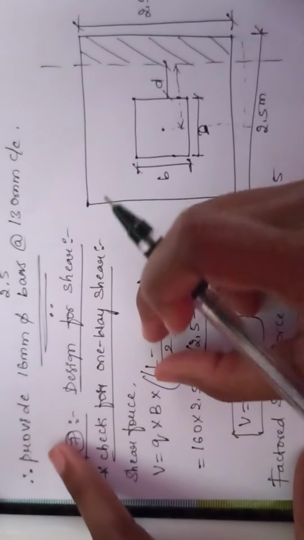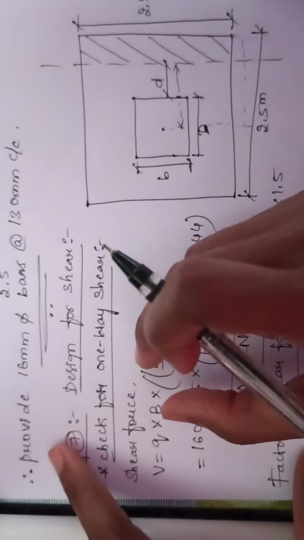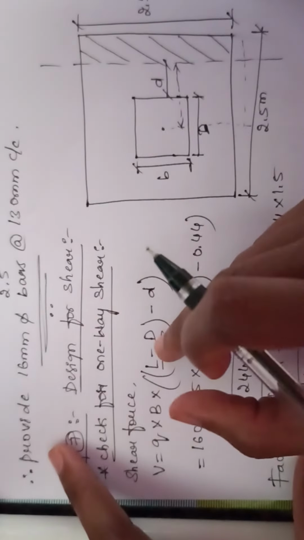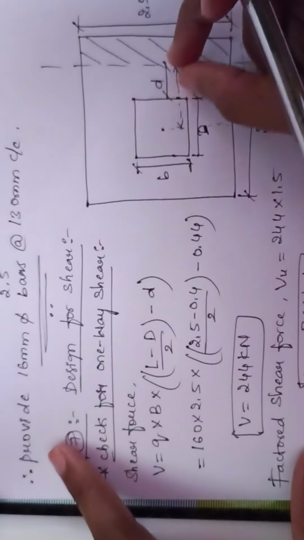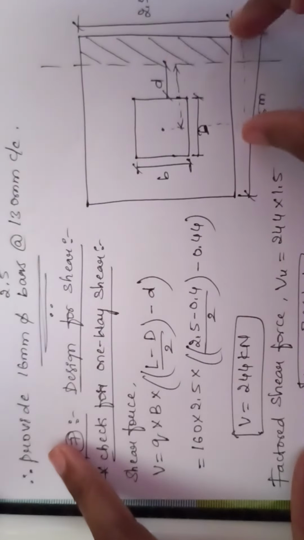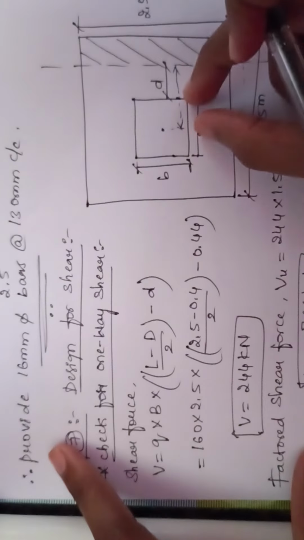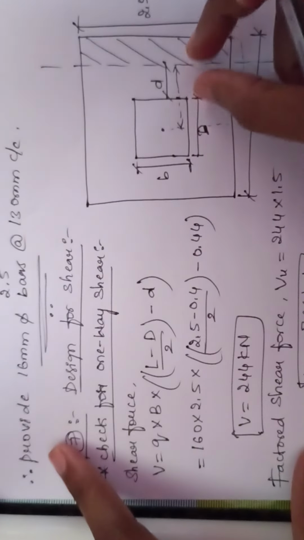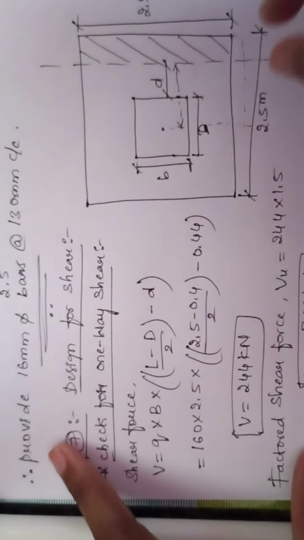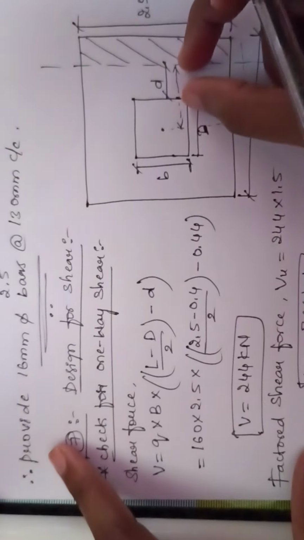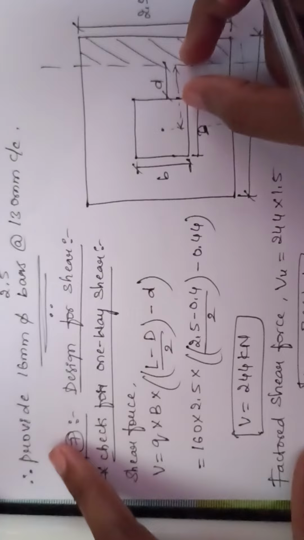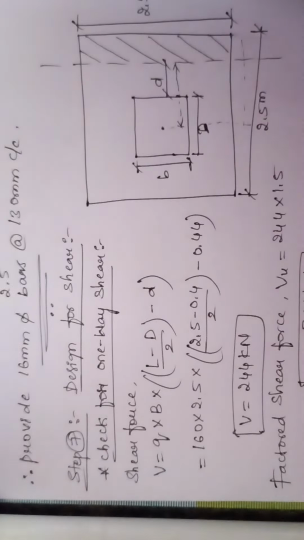If I take 1 by 2 common, I will get L minus d. Then minus the remaining distance. If I do L by 2 minus d by 2, this minus this gives you this much, and then you subtract, the remaining will be this. This is minus d.